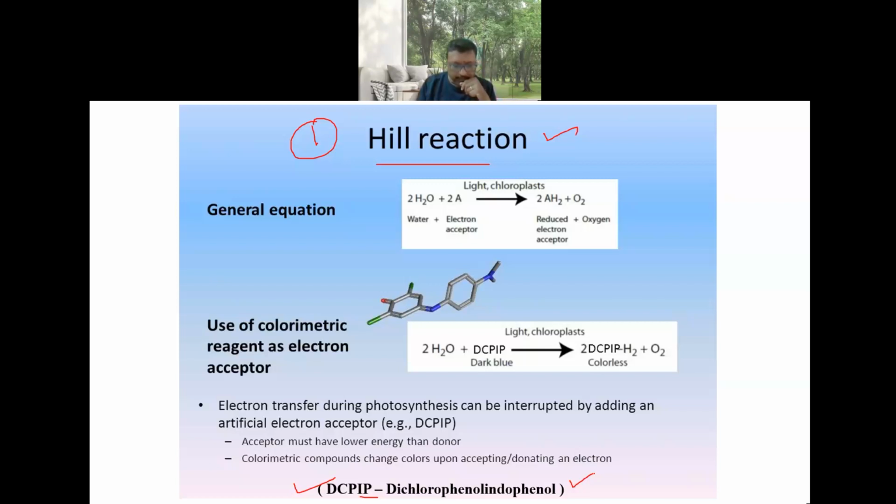The evolution of oxygen during photosynthesis can be represented by the following equation. Here, in the Hill reaction, Robert Hill conducted the experiment in an artificial way, where water was acting as the hydrogen donor and the reagent A was acting as the hydrogen acceptor.